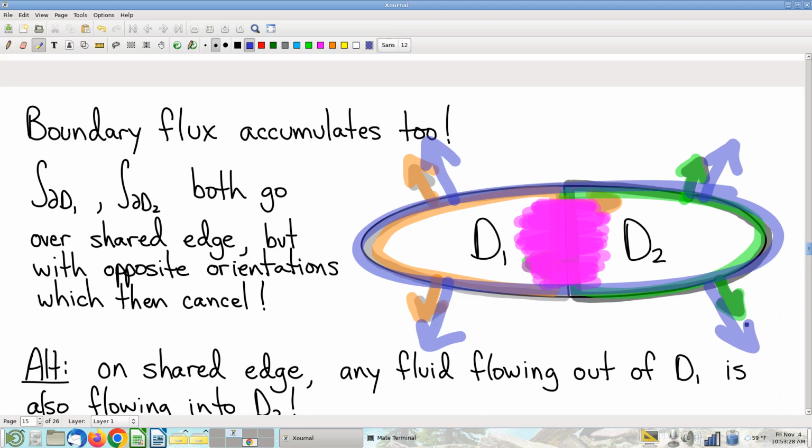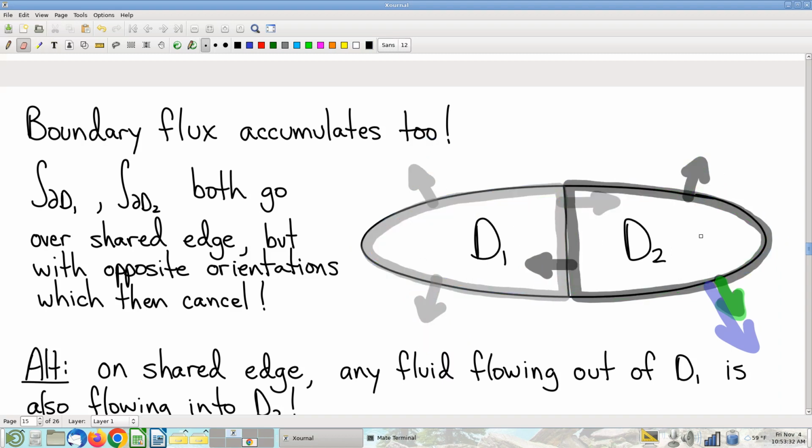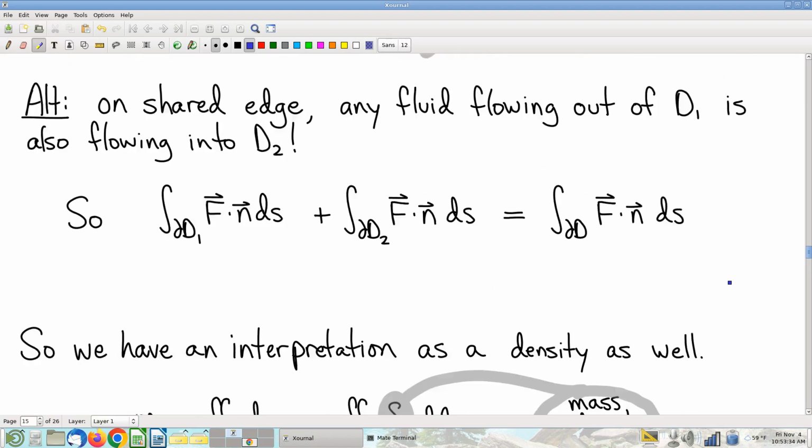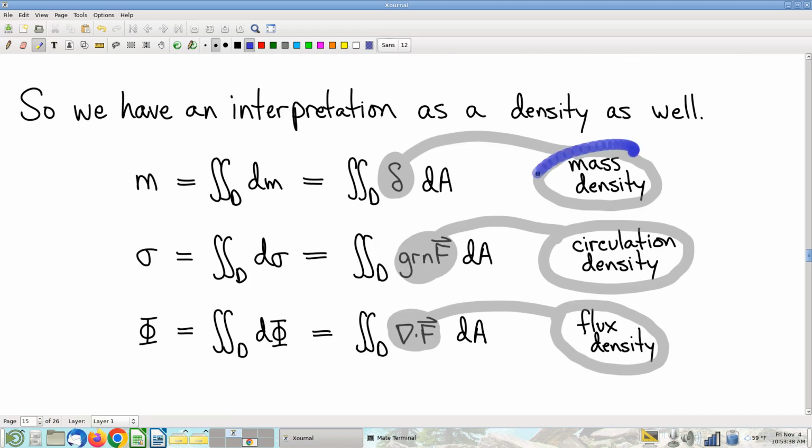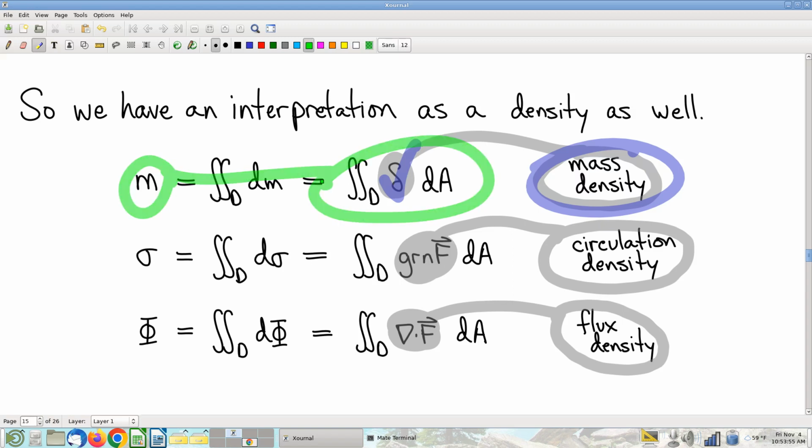And anything that accumulates, you can write down an accumulation theorem, right? In the same way that we've done for several other things. Mass is a stuff that you can chop up into little pieces without destroying it or creating it. And on each piece there's a corresponding density. And so we can compute mass, this accumulating quantity, as an integral of mass density.